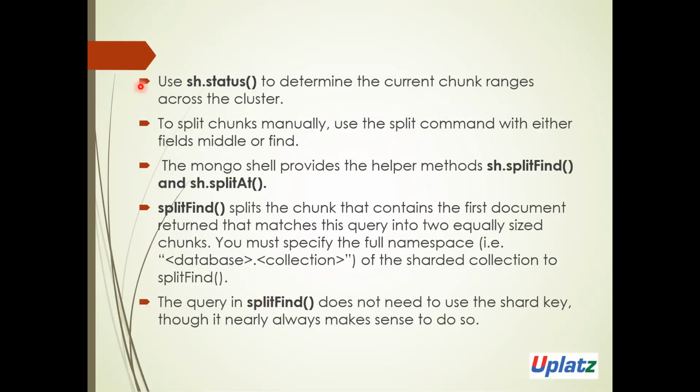For that, we need to use sh.status to determine the current chunk ranges across the cluster. To split the chunks manually, we need to use the split command, either middle or find.